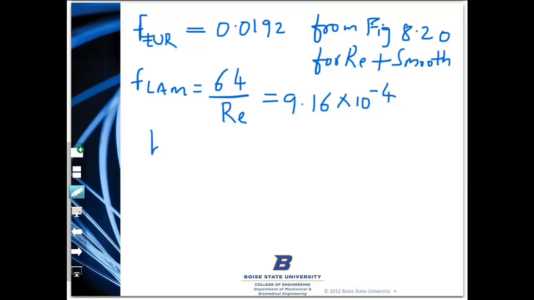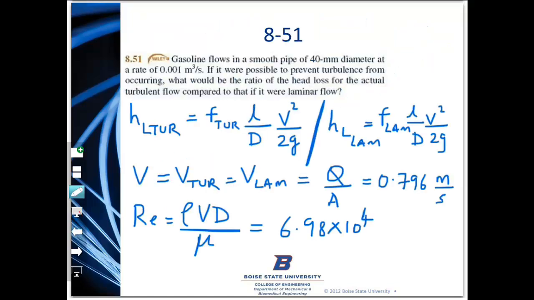Now we want to find h_L, head losses for a turbulent case, and head losses if it were laminar, right? And if you divide these, you see that all the L over D, V squared over 2g cancel.